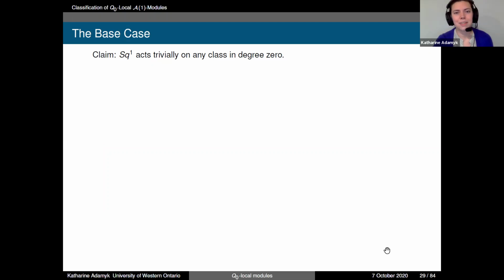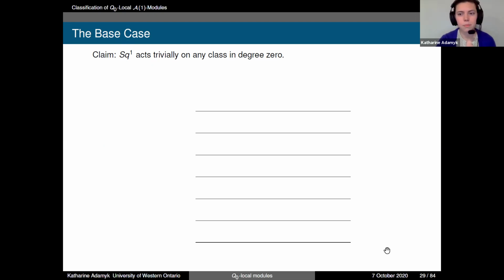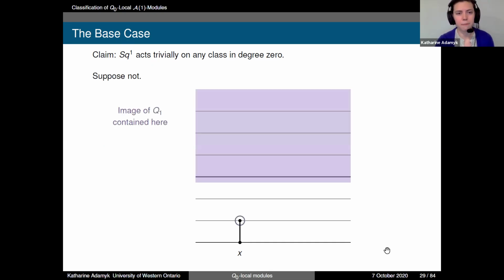So I'll give kind of an example of how some of these arguments work out via this lemma. So the claim is that square 1 acts trivially on any class in degree 0 for such a module. So I'm taking some class in degree 0, let's call it X. And suppose not, suppose square 1 acts non-trivially on it.